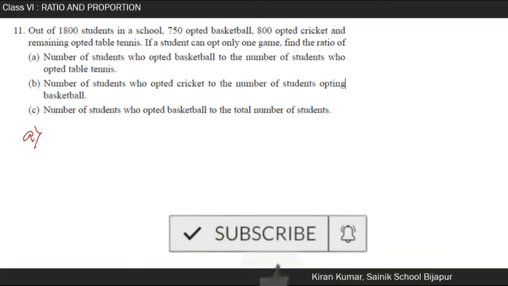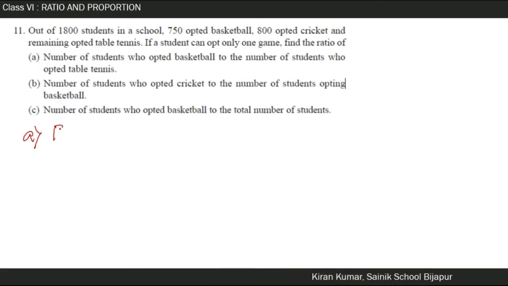That's the first one. Here, the required ratio will be equal to how many students have opted basketball, 750, upon the number of students who opted table tennis.